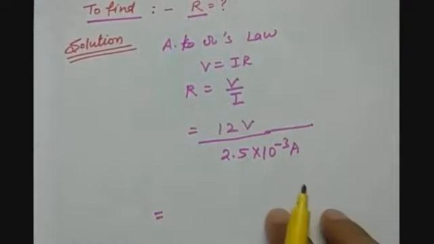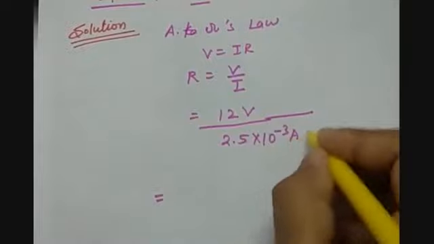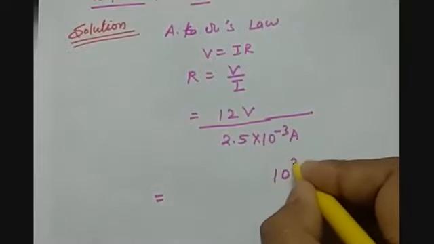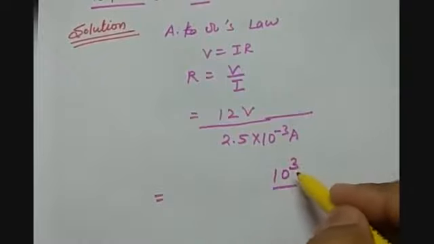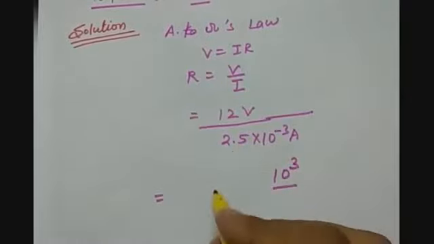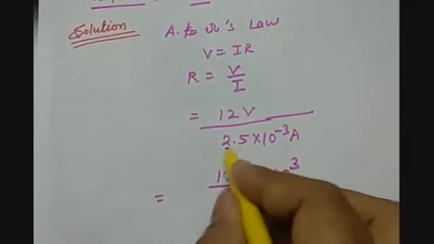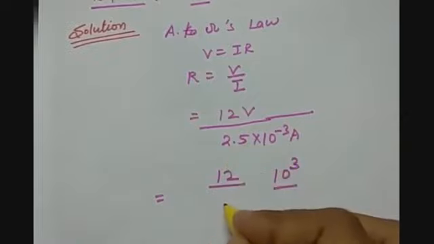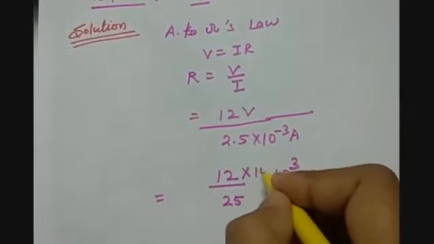When you calculate all this, the 10 raised to power minus 3 will go up and become 10 raised to power plus 3. And when you do this calculation, you can do 12 by 2.5, and to remove this decimal, multiply by 10 above and below, giving 25.